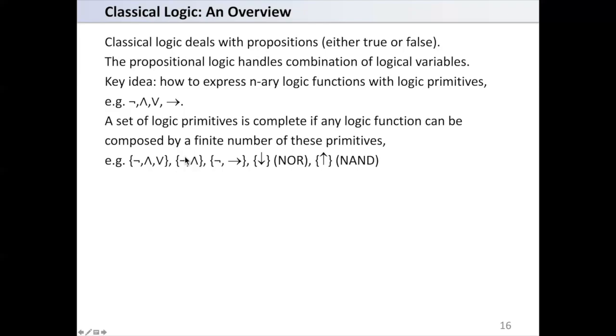Or only these two, not together with and, is complete, because or can be obtained by using these two, and then it is equal to that one. Any function can be implemented. Not operation and implication, these two are complete. The NOR operation by itself is complete, and also the NAND operation is a complete operation.